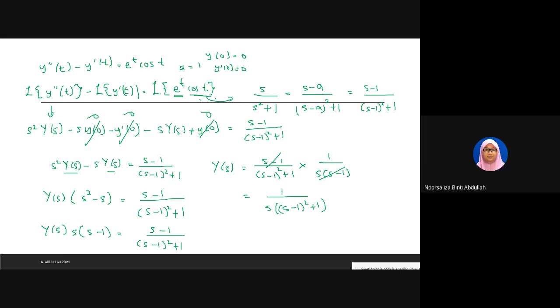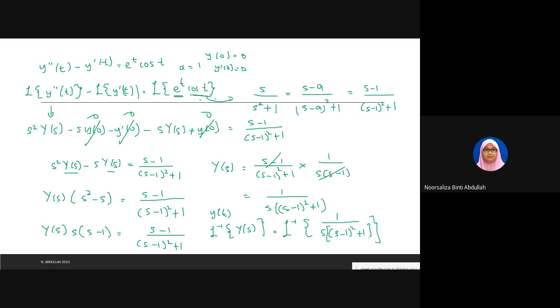Okay. So this one is you punya Y(s). Okay, so now you have to find the inverse for Y(s). You want to find y(t). So this one also 1 over s minus 1 kuasa 2 plus 1.